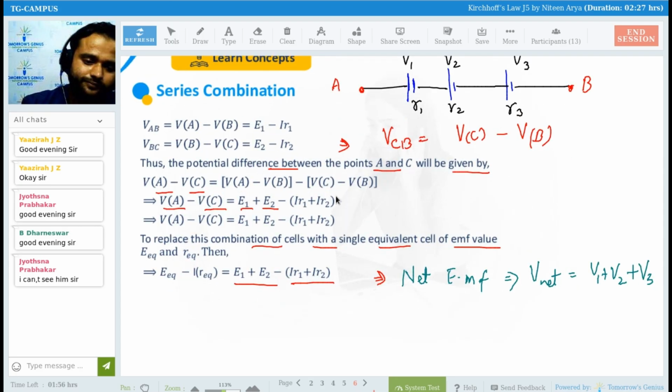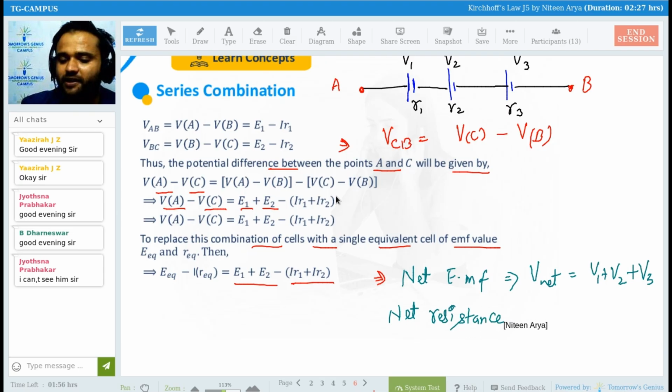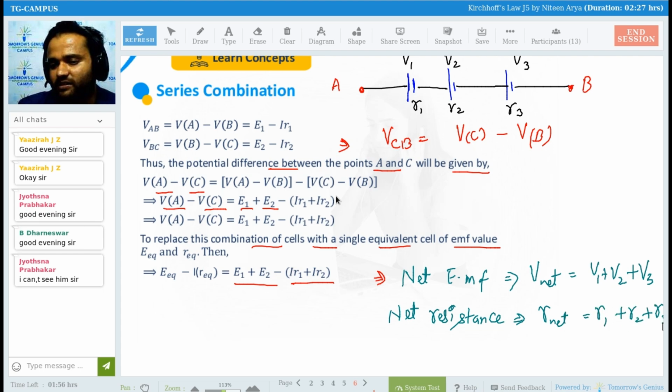In the same way, net resistance. This is internal resistance. Whenever you see small r, that is the internal resistance of a voltage source, or you can say battery or cell. R net is R1 plus R2 plus R3. Even if you don't follow these standard formulations, the main thing is understanding this.